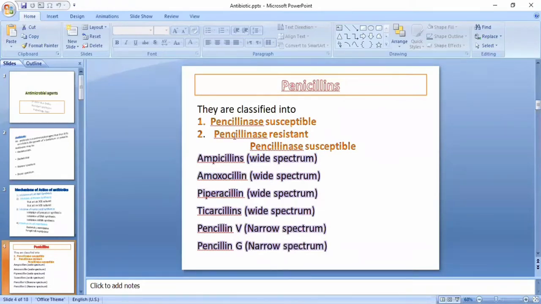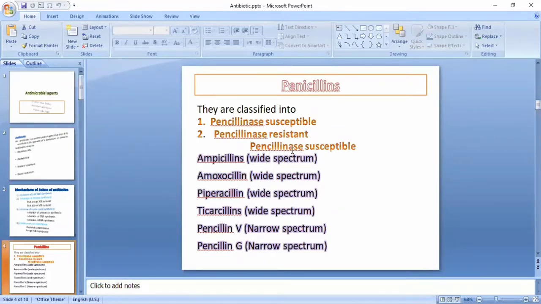The other name of the penicillinase enzyme is beta-lactamase. So those penicillins which are susceptible to the beta-lactamase are called penicillinase susceptible. And those which are resistant to the penicillinase are penicillinase resistant.